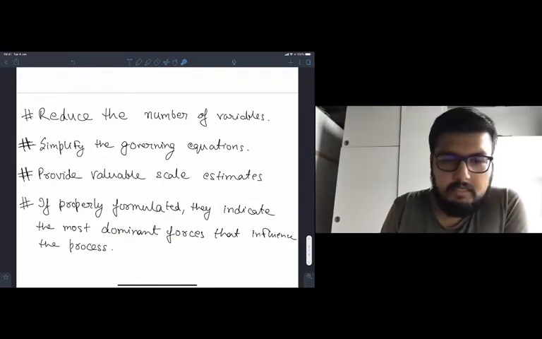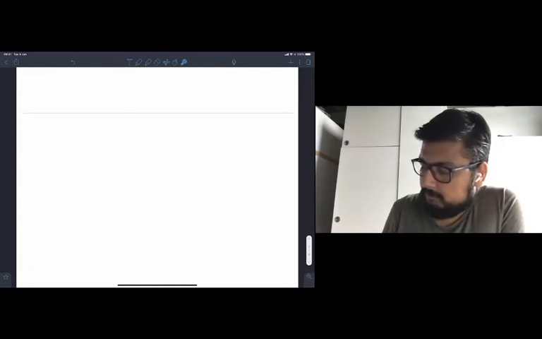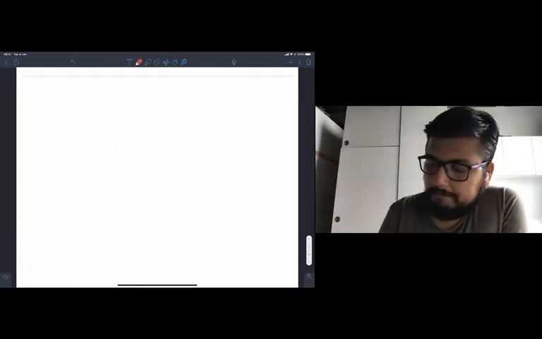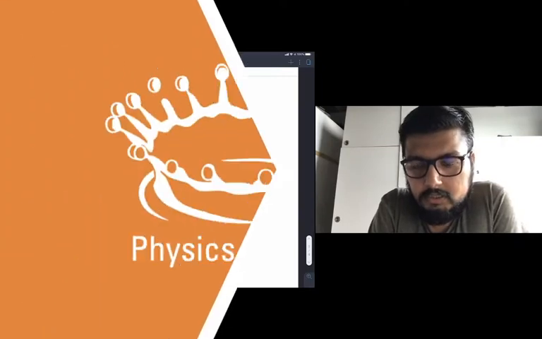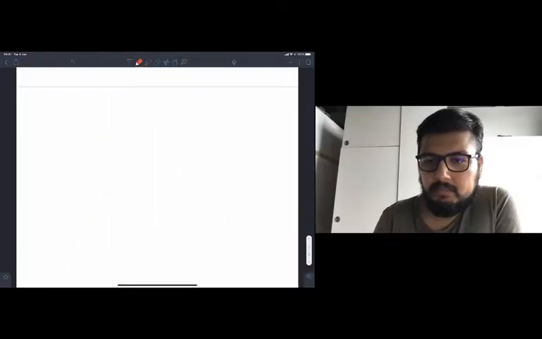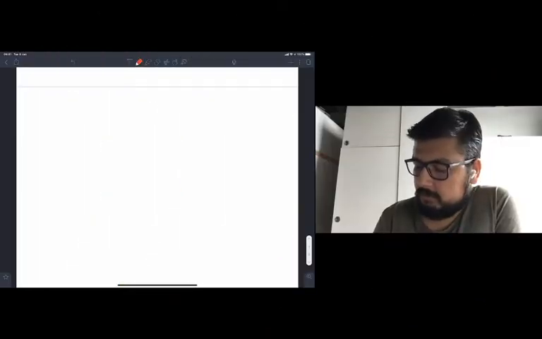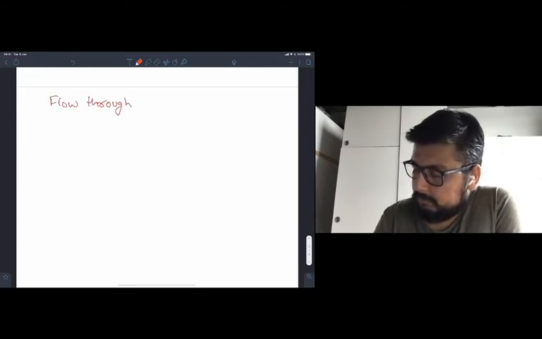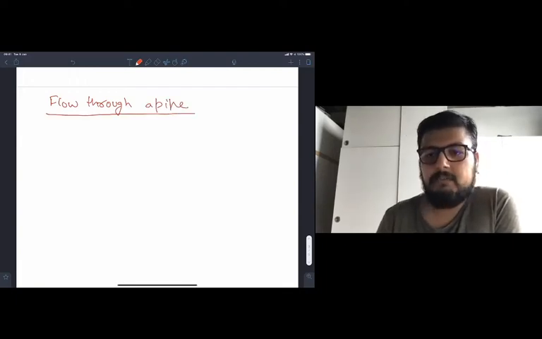So we will now look into one of the first and one of the basic examples of such a system. So one of the first examples of using such dynamic similarity could be for a flow through a pipe. So of course we can have different types of pipes.